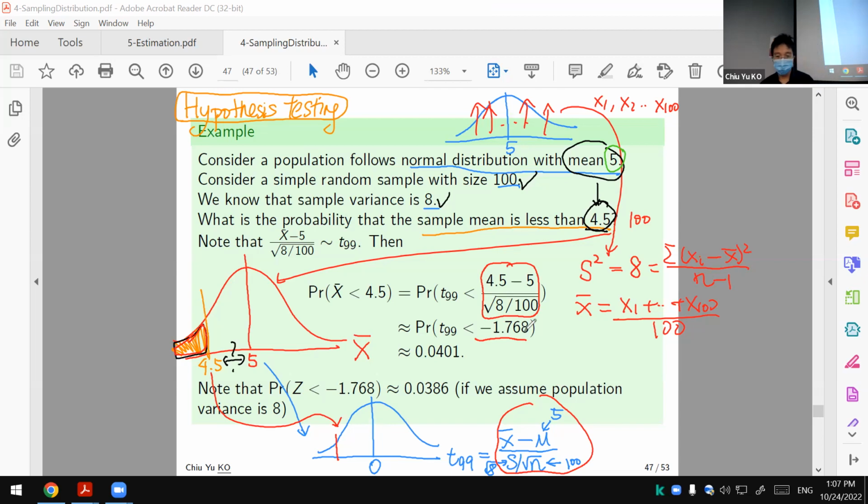So then the next question is, how can we do this in Excel? This left-hand side area. So basically just T.DIST negative 1.768, 99, and then TRUE. This will be the T table. Let's see in Excel, we'll show you this number.